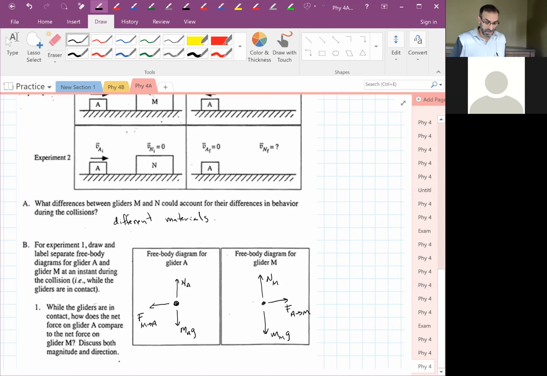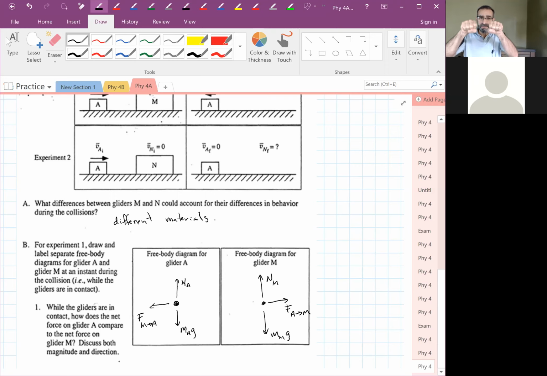Okay, good. When they collide, A pushes M this way, M pushes A that way, and those forces have to be equal and opposite because it's a Newton's pair. It's a single interaction. Anytime two objects exert forces on each other, they are equal and opposite. And it doesn't matter at what time we draw this diagram.